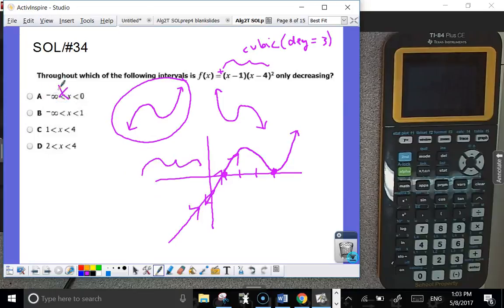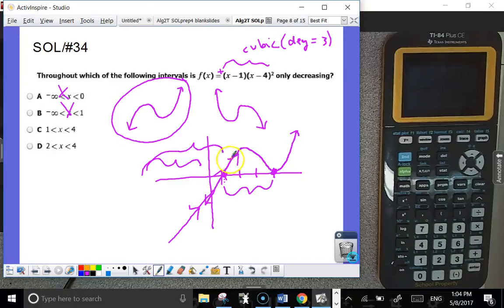Okay, how about negative infinity to 1? What if we increase it so that it's going to that part? Is it only decreasing now? No. I mean, it still looks like it's increasing that whole interval. How about between 1 and 4? Could you say that it's only decreasing there?